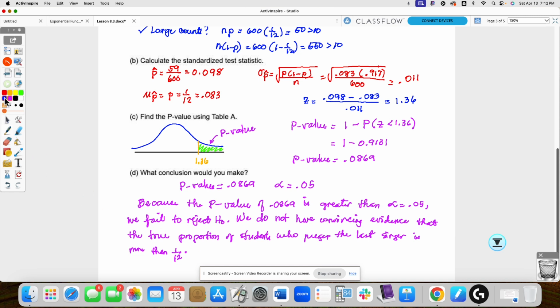Which means that basically there is no advantage to singing last, or performing last.